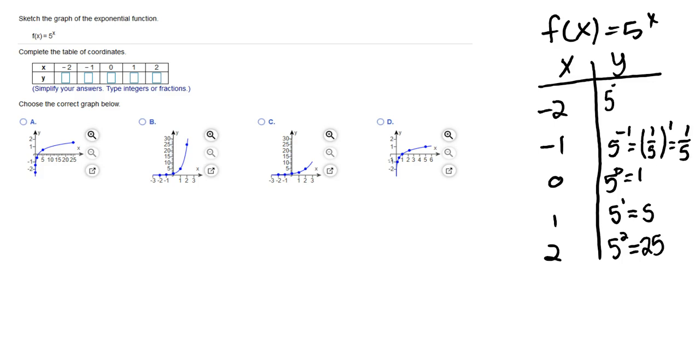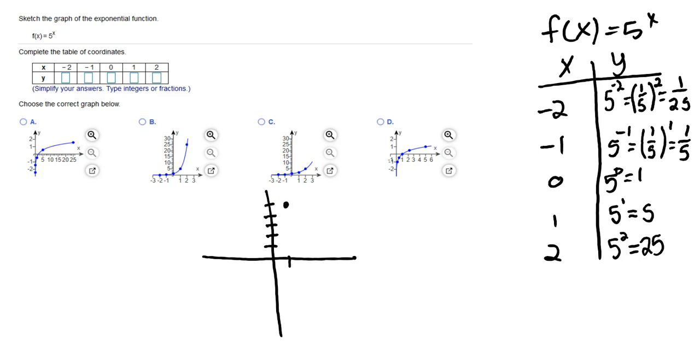We have 5 to the -2. That negative means we're going to do the reciprocal of the base and then raise it to the second power, so we get 1/25. So these are the ordered pairs that we get. Let's plot them, starting with the easier ones. 1, 5, 2, 25.